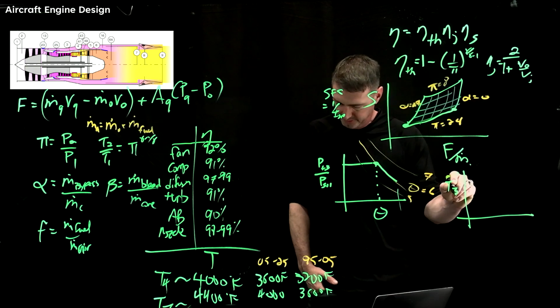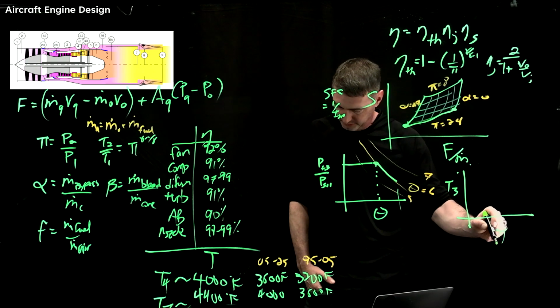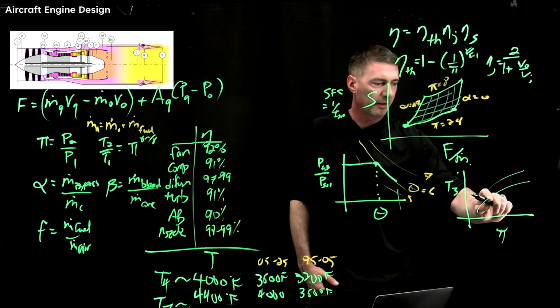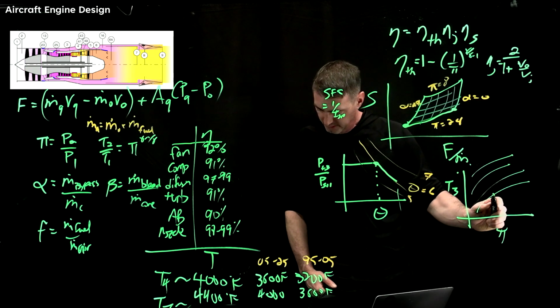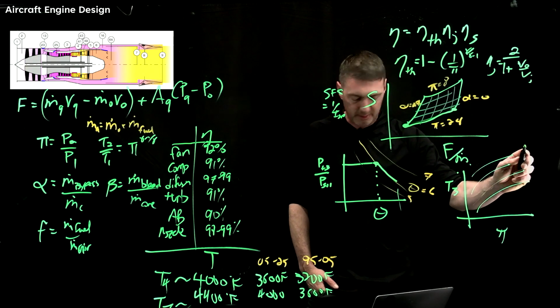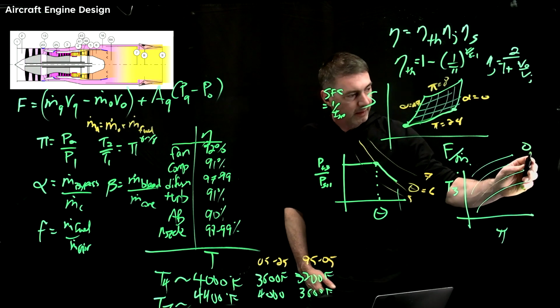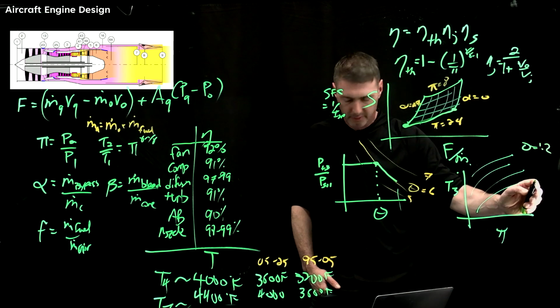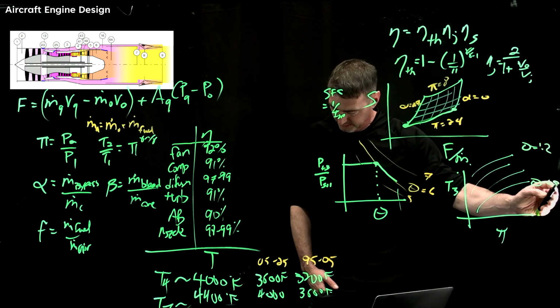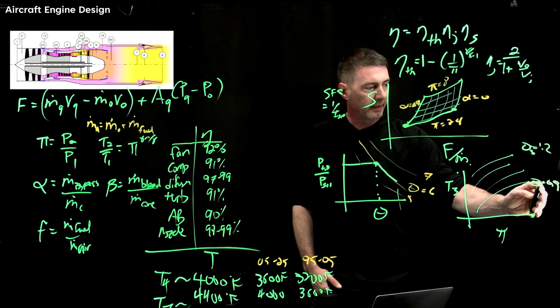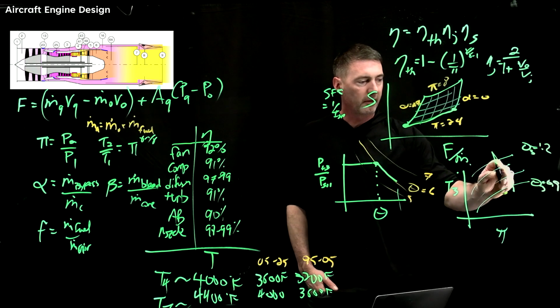This is then T3 versus compression ratio, and generically they just go up like this. Okay, so this would be theta equals 1.2, theta 0.9, and this is theta 3. Okay, and so it's increasing this way.